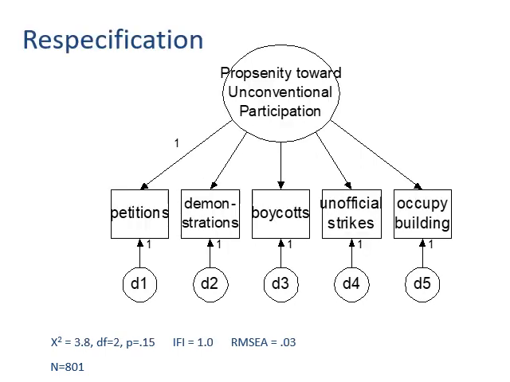Now we may want to re-specify, and as we re-specify at this point, we may change some of those relationships, we may drop a particular variable, and we may find an increase to where now, for instance, the chi-square is not significant, the RFI is actually 1.0, and the RMSEA is 0.03. And again, we have our N. So each time we re-specify, we're going to be changing various things, and it's rare that we're going to get everything aligned to where all indicators of a good fitting model agree.